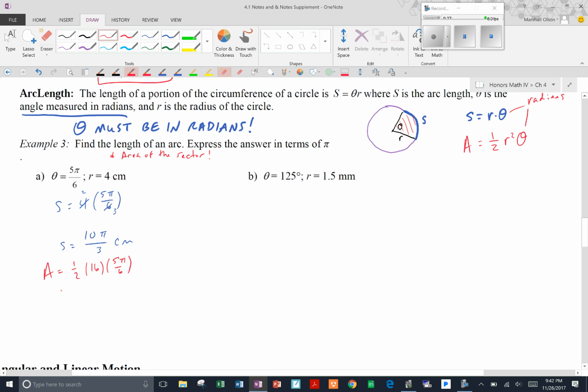However you want to simplify this, if you want to call it 8 times 5 pi over 6, then between the 8 and the 6, we have 4 and 3, so we have 20 pi over 3 square centimeters.